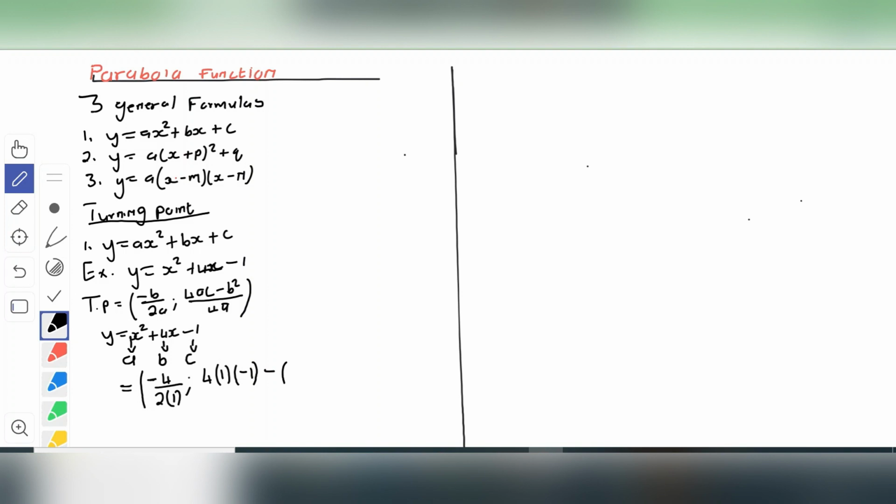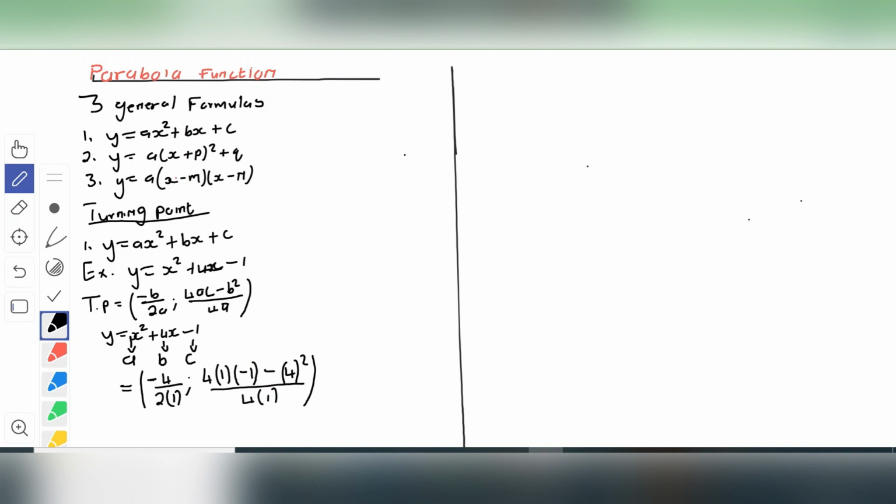Therefore our b is 4, close bracket squared, all over 4 into our a, which is 1, right?